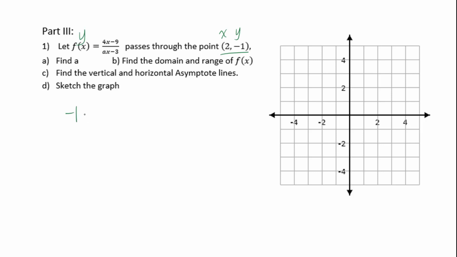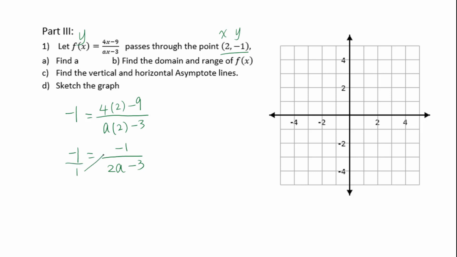So we have -1 equals (4 times 2 minus 9) over (a times 2 minus 3). Organize. -1 equals (8 minus 9, which is -1) over (2a minus 3).